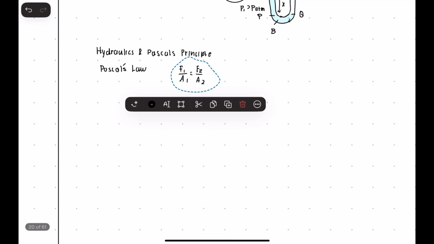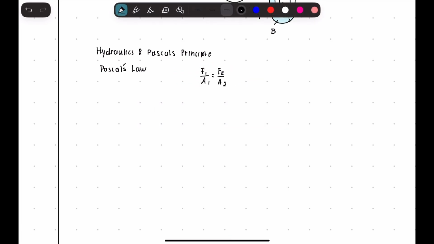And what this law basically says is that a pressure applied to an enclosed fluid is transmitted undiminished throughout the fluid.